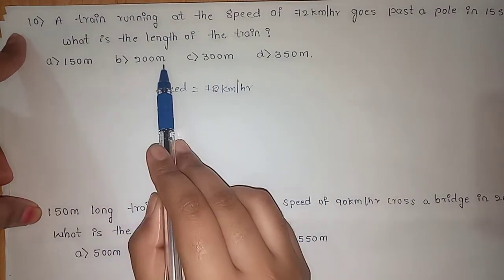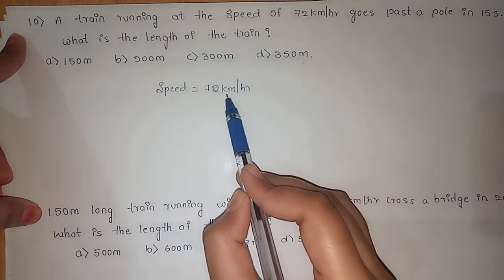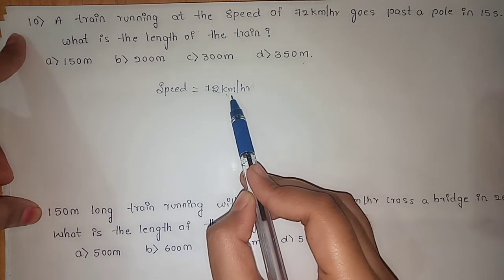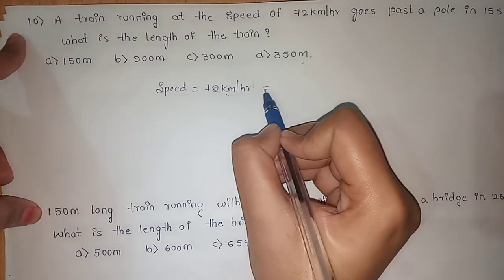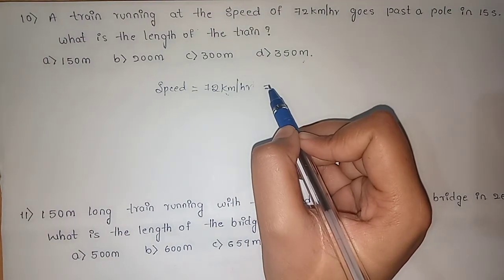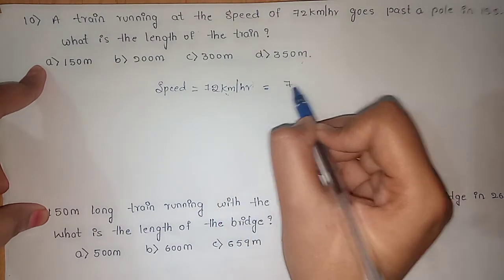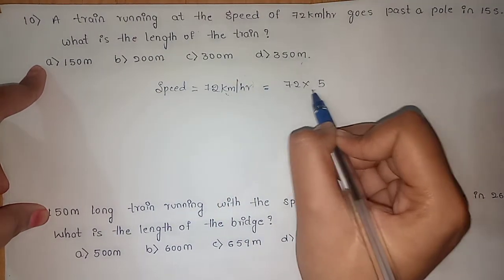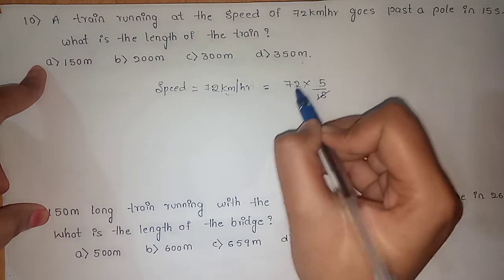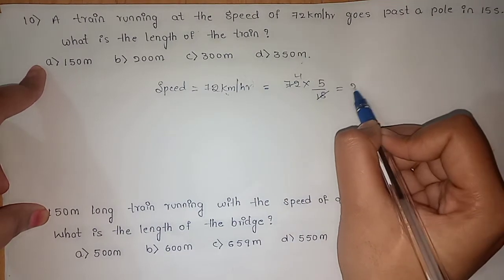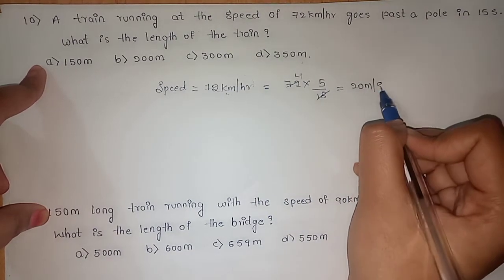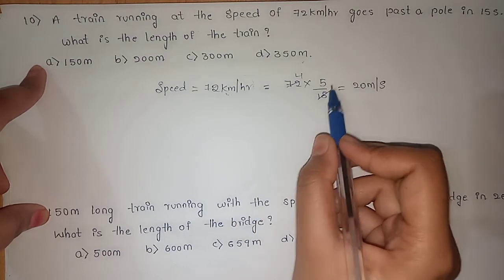See, all options are in meter, so convert this kilometer per hour to meter per second. What is the formula to convert kilometer per hour to meter per second? 72 into 5 by 18, then 20 meter per second is the speed of the train.